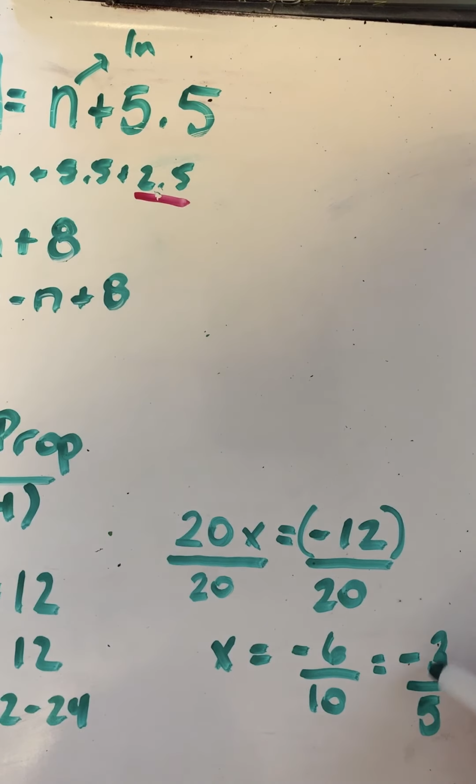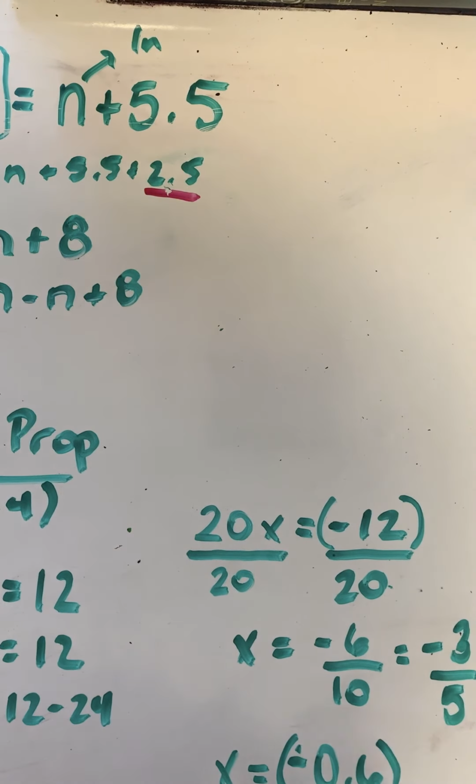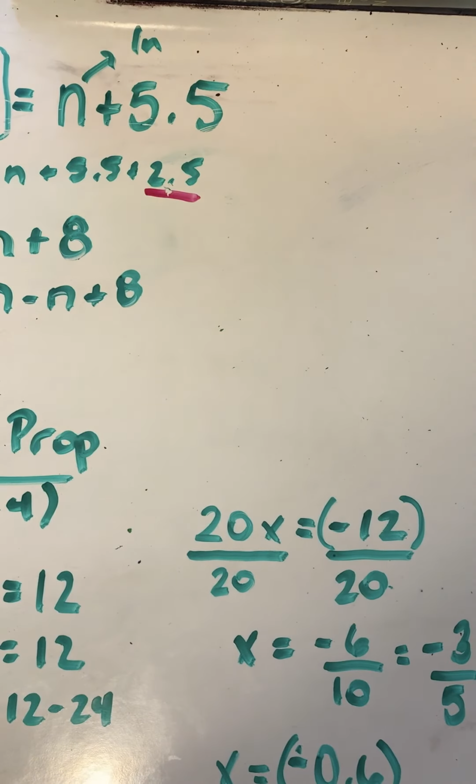Or I could find the decimal: 12 divided by 20, which gives x equals negative 0.6. Okay, so again, another multi-step one. I'm going to give you one to try on your own.